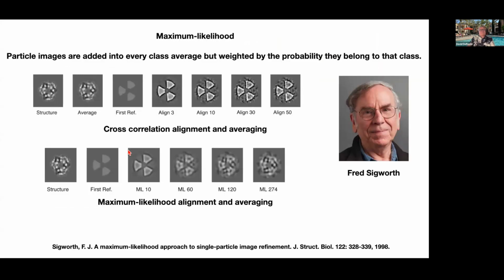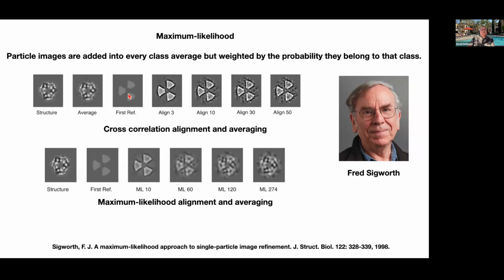Now, you'll be hearing from Fred Sigworth, but Fred introduced maximum likelihood. In this case, rather than a particle being put into one bin and not into another, in maximum likelihood you put particles into every class average, but weighted by the probability that they belong to that class. If you don't do that, here's the structure you're trying to get the average of, and here's your reference structure.